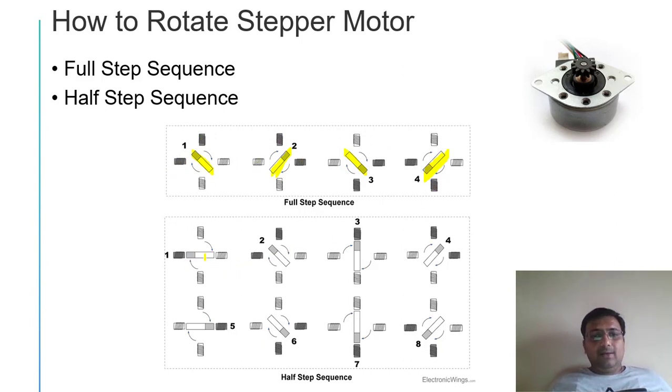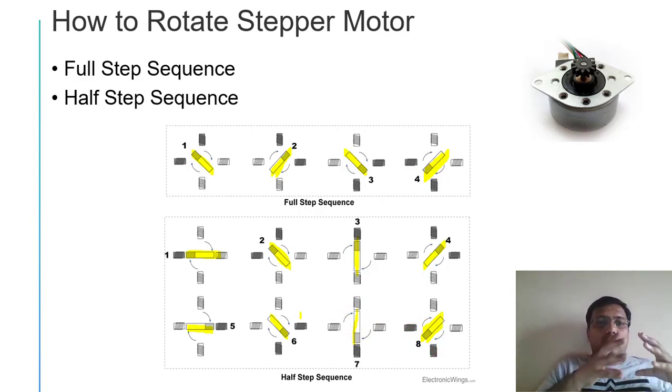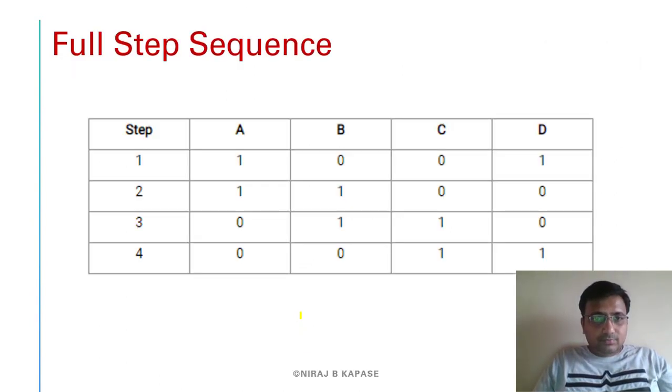In the case of half stepping, the rotation is like this. There are 8 different steps: 1, 2, 3, 4, then again 5, 6, and so on up to the 8th step. So there are different sequences available for these steppings, either in half stepping mode or in full stepping mode. Here is a full step sequence, so we have 4 steps.